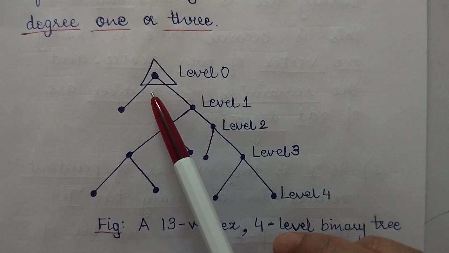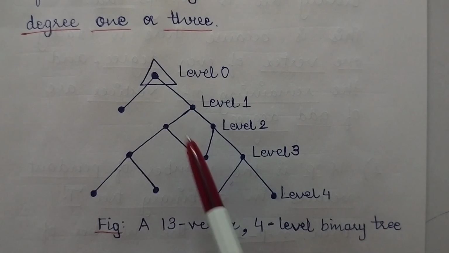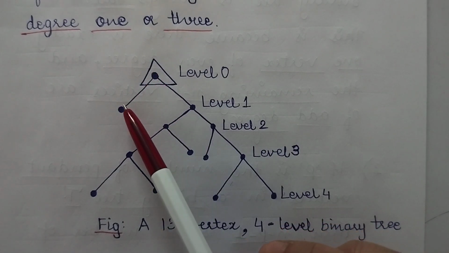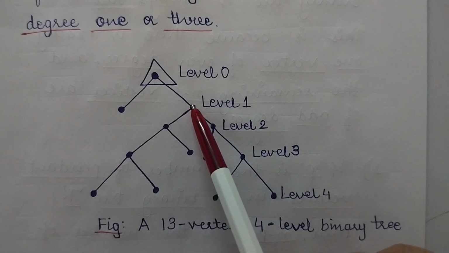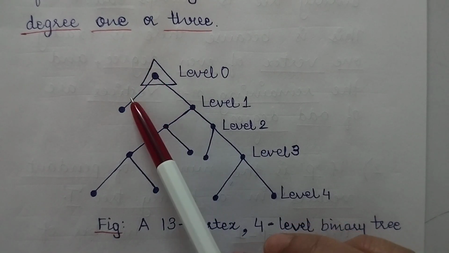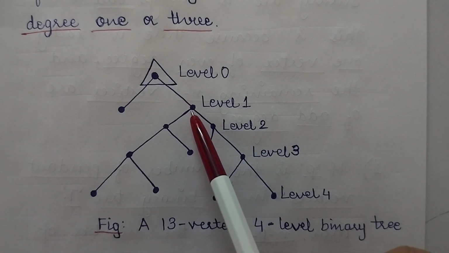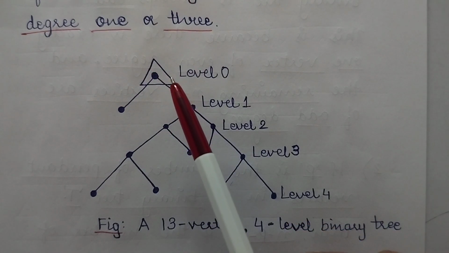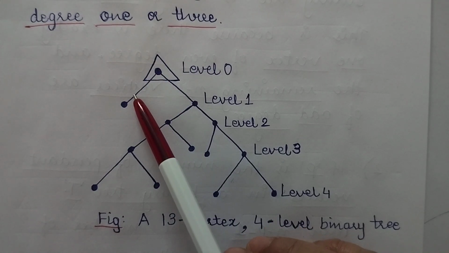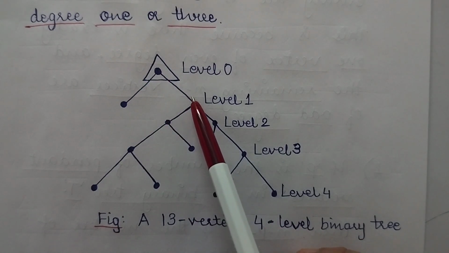All other vertices will either have degree 1 or 3. Degree 2 means from this vertex exactly two other vertices are branching out, right? So hence the degree of this particular vertex is 2. So in a binary tree, the root vertex is that particular vertex which has degree 2.